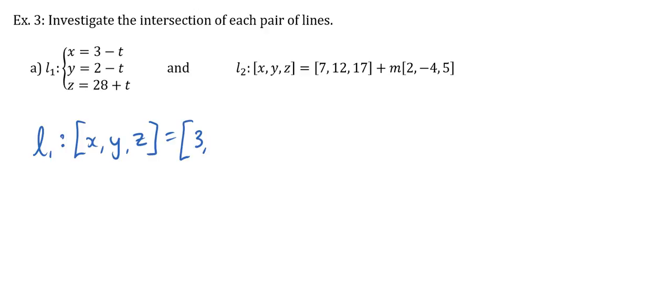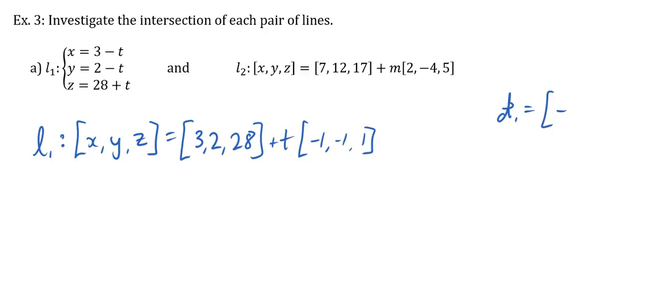So 3, 2, 28. -1, -1, 1. So direction vector 1 is -1, -1, 1.